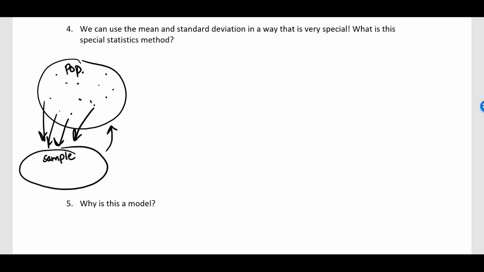So what we're really doing is we're using our sample statistics, right? We can calculate the mean of a sample. We can calculate the standard deviation of a sample. And we're using those to create a model or an idea about this population.